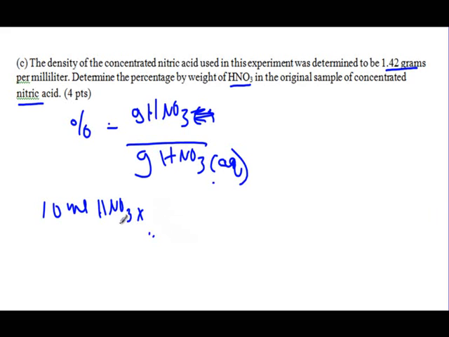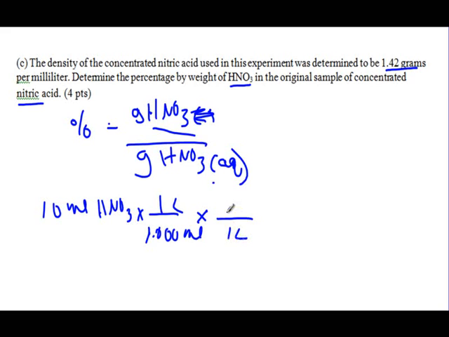So I have 10 milliliters of nitric acid, right? And I'm trying to figure out the grams of actual HNO3 that are in that. So I am going to use that 1,000 milliliters is 1 liter, right? And I know the molarity of the concentrated acid was 15.67 molar.